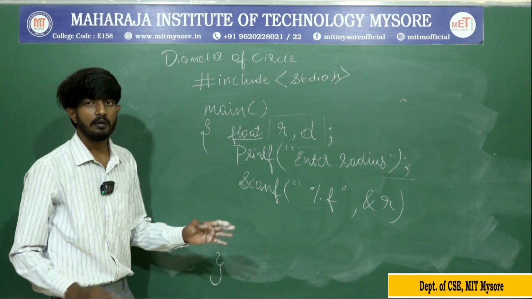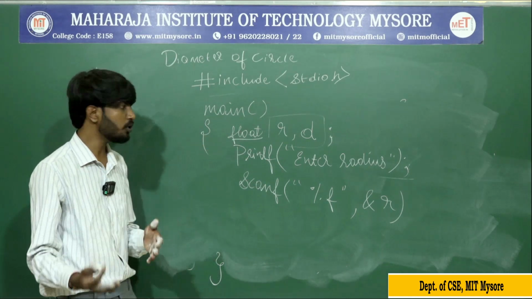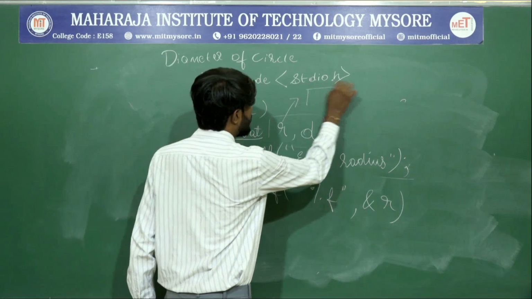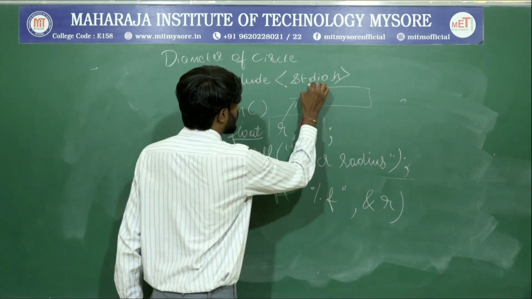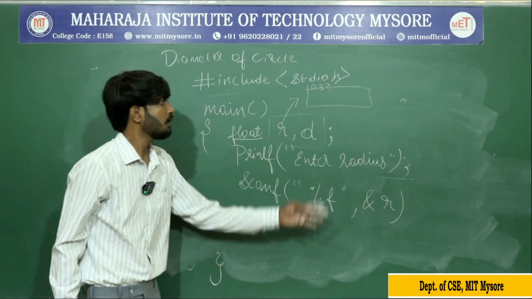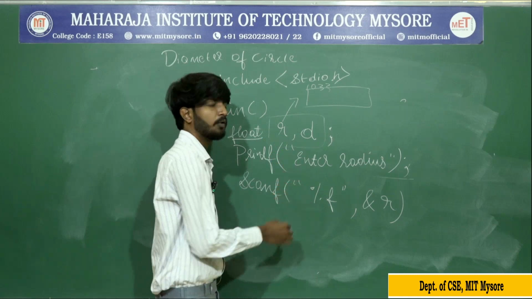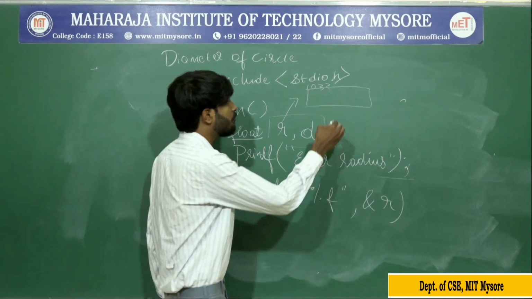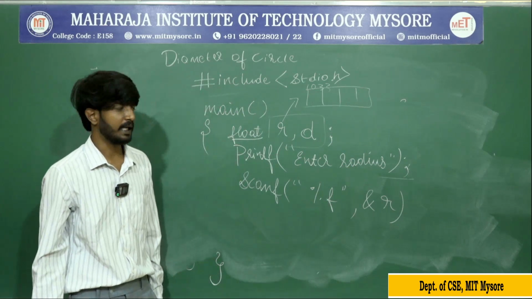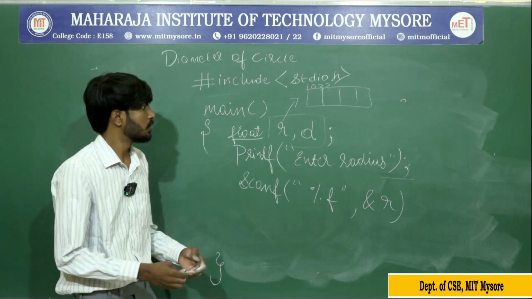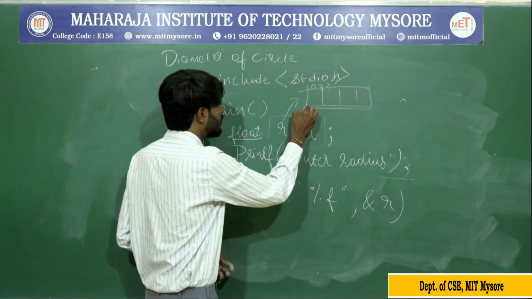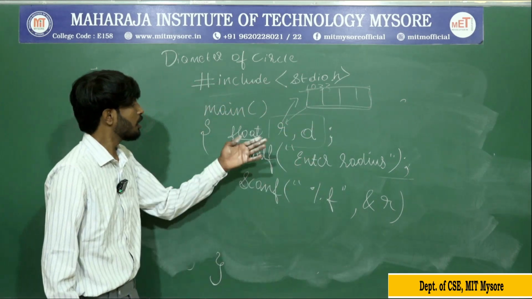If I declare any variable, the compiler will allocate some memory space to this variable. So for r there will be a memory space with the address 1033. Since I am using the float value, it is 4 bytes, so 4 bytes of data can be stored. These 4 bytes of memory are given to r.